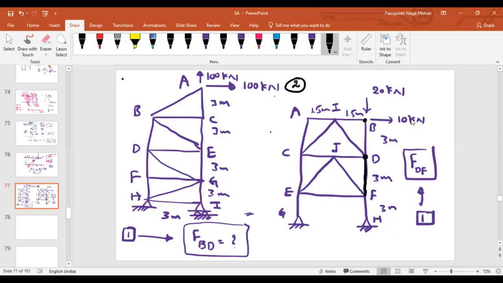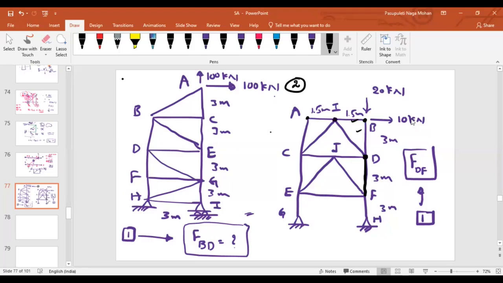Then again still 3 members are required. If I go to this joint, these 2 members will be known, and if I come to this joint, still there are 3 unknown member forces. Method of joints can't handle it.